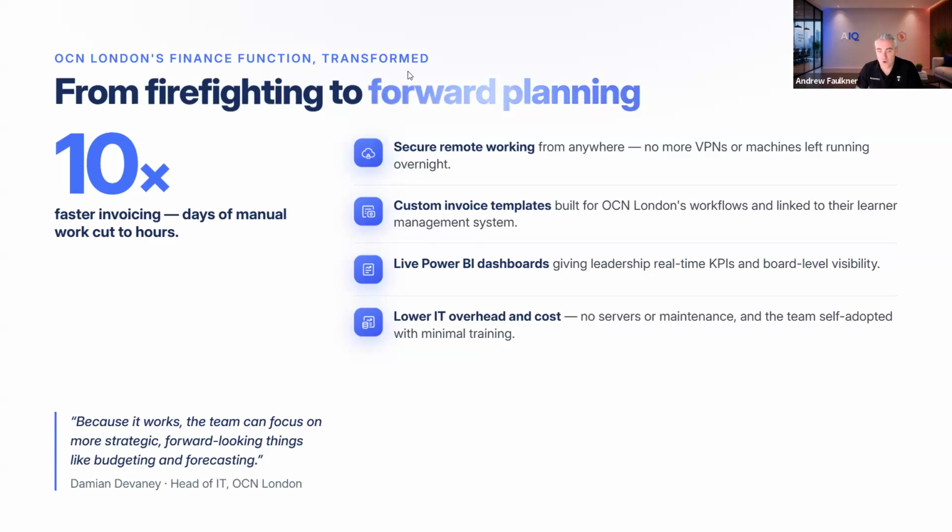So overall, overlaying the financial data with the course data was a huge change for the organization. And where they originally, when I first met Damien, had plans to hire additional resources into the finance function, they've actually managed to keep that at the same 2 people that they had before we met.